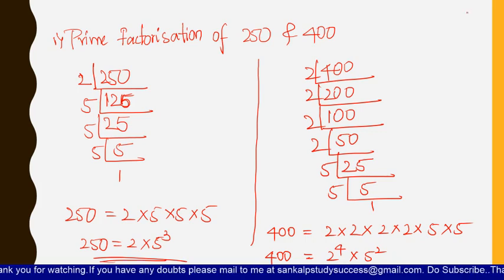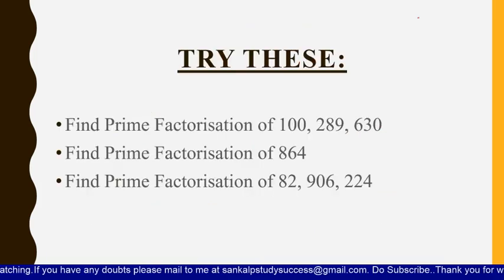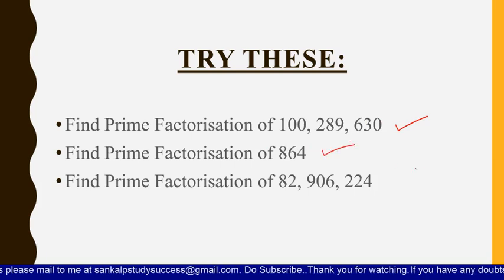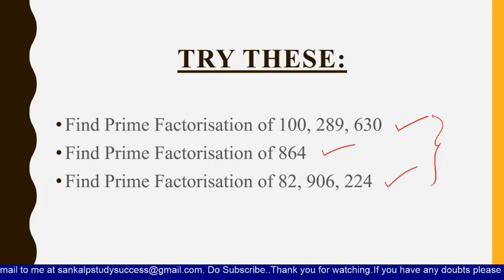So I think you all are clear on how to do the prime factorization of any number, correct? So you can try these. You can find the prime factorization of 100, 289 and 630 separately, and you can also find the prime factorization of 864. By solving all these problems, you will become much more clear in this topic.